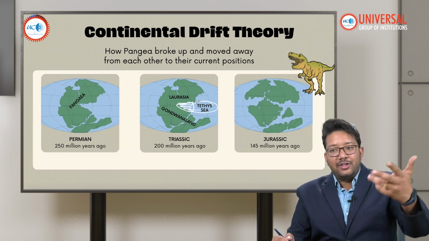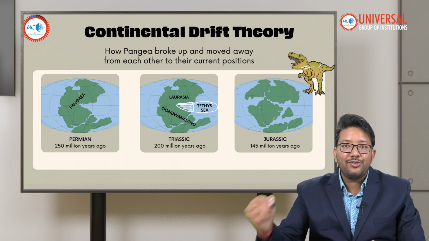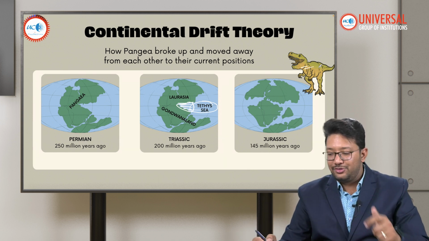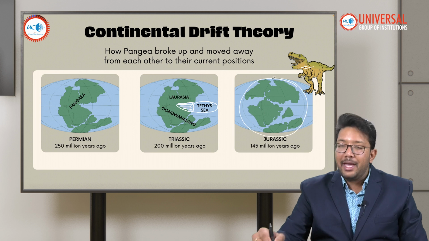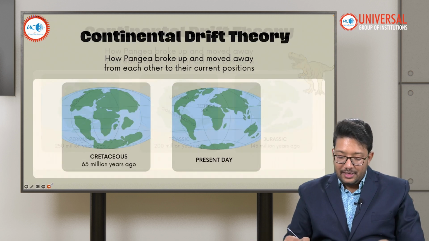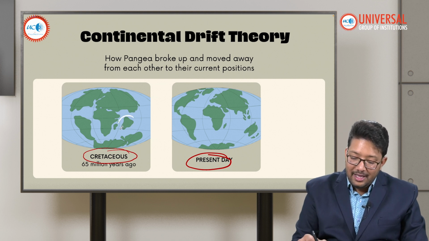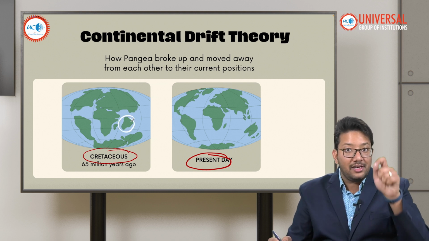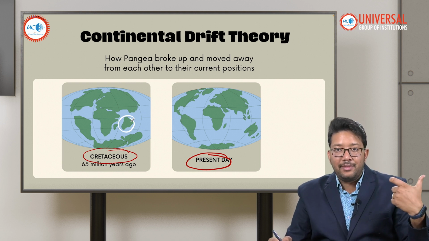After that the Jurassic period came, when the dinosaurs were here, around 145 million years ago. This world map is of the Jurassic period. Then came our Cretaceous. As you can see, India is still not part of Angara land in the Cretaceous period, before 65 million years ago.